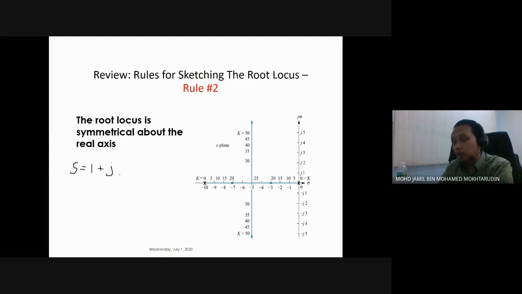Let's say this is one of the poles. If you plot in the S-plane, it will be somewhere here. Since a complex number has a conjugate, you can expect that another pole will be -1 and -j. So these two are conjugates.